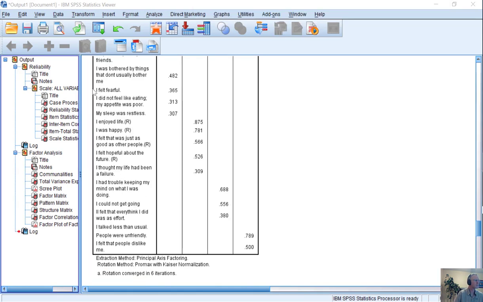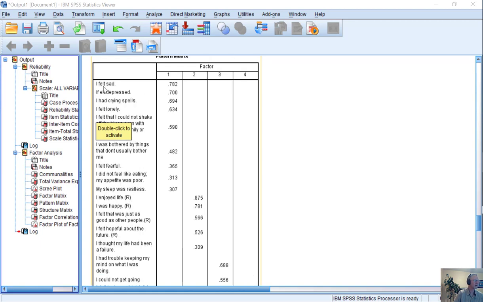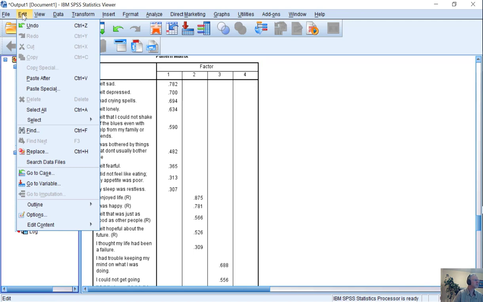Okay, so if you want to see the variable numbers, variable names, so that we have the numbers so that we can actually do computations to calculate the different scale scores using syntax, then what you can do is go up to Edit, go to Options.